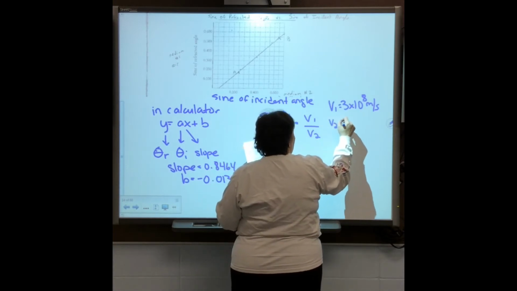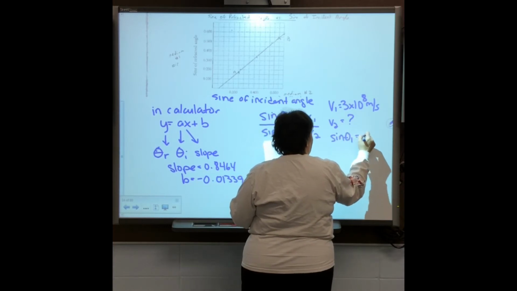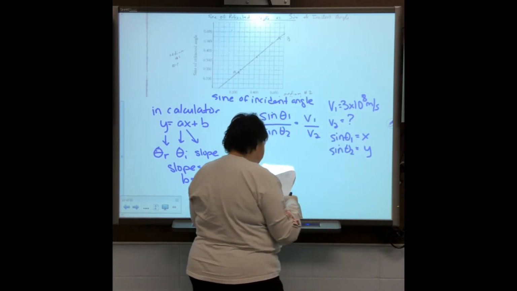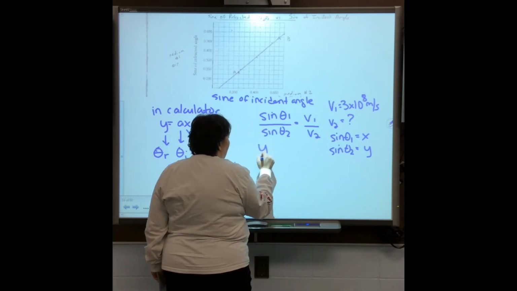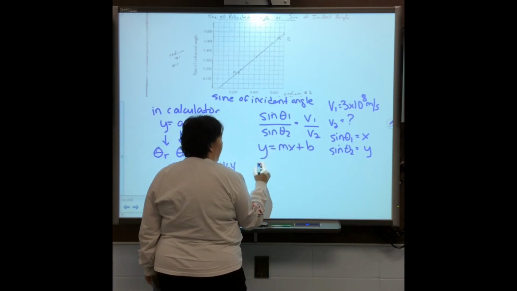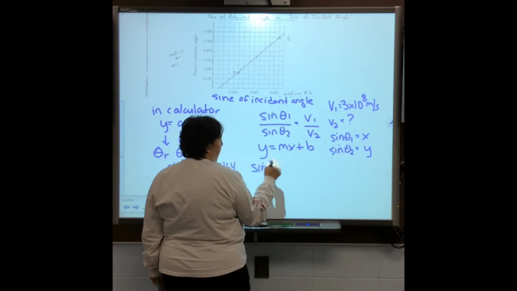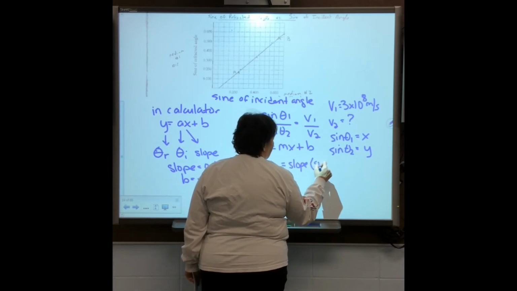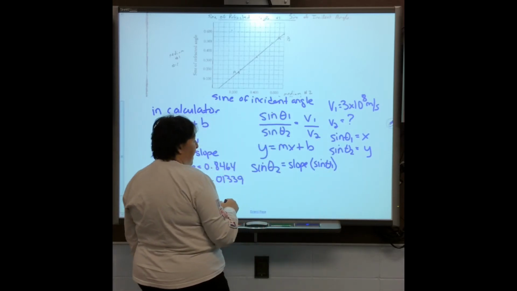We are looking for the velocity 2, and sine theta 1 is x, sine theta 2 is y. When we put this in y equals mx plus b format, we need to solve for sine theta 2. Because we've said that sine theta 2 is y. M is going to be the slope times sine theta 1, and then we have no b value.